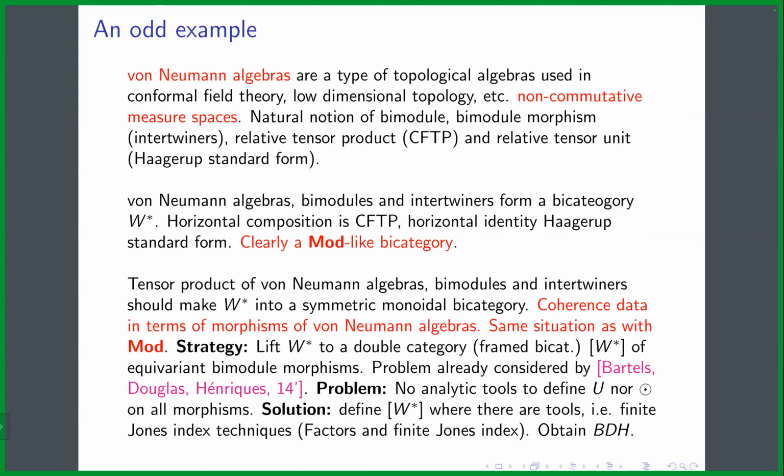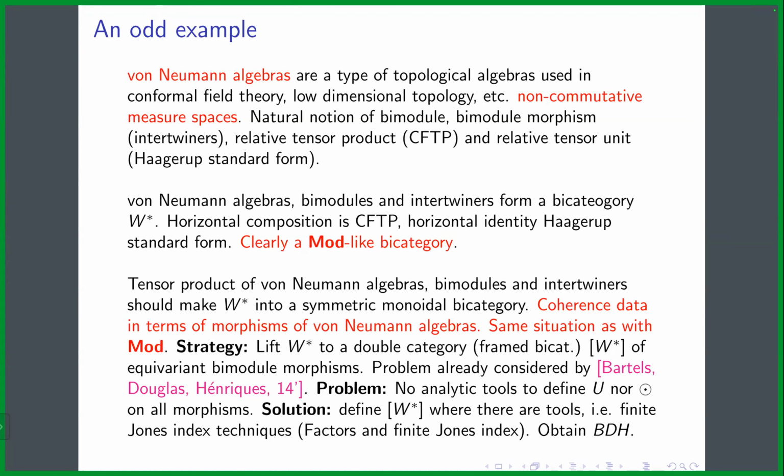These are special morphisms that have very nice properties. Restricting themselves to factors and finite index morphisms, they got a double category, which I call BDH, after Bartels, Douglas, and Henriquez.